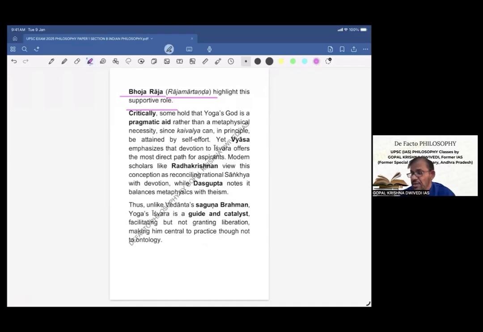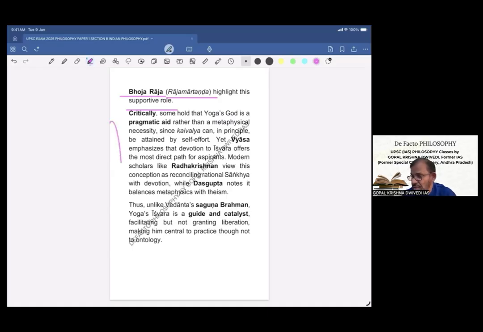Critically, some hold that yoga's God is a pragmatic aid rather than a metaphysical necessity, since Kaivalya can in principle be attained by self-effort. Yet, Vyasa emphasized that devotion to Ishvara offers the most direct path for aspirants. Modern scholars like Radhakrishnan view this conception as reconciling rational Sankhya with devotion, while Das Gupta notes it balances metaphysics with theism.